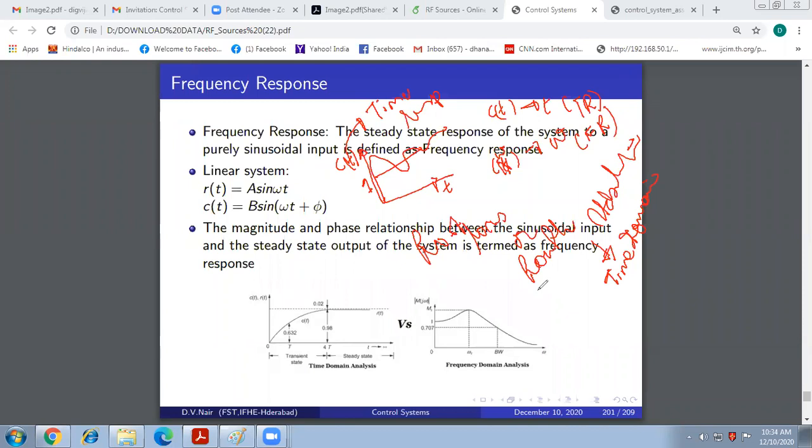If the first column of Routh's array has no sign changes, we say there are no poles in the right half of the S plane.